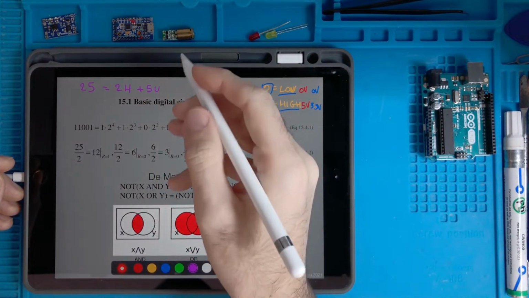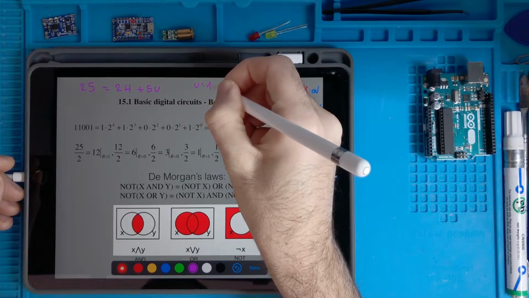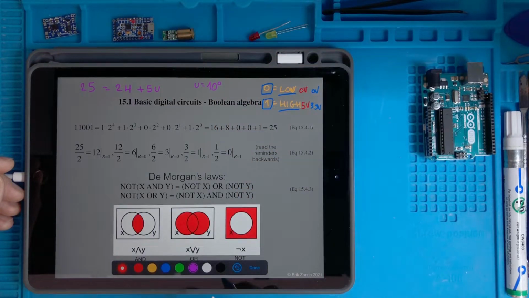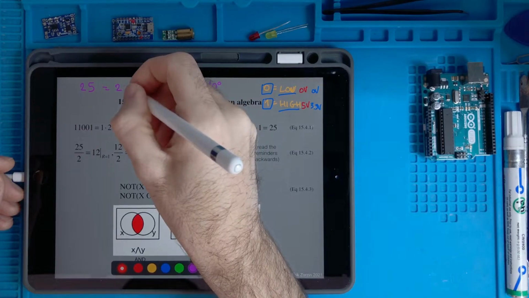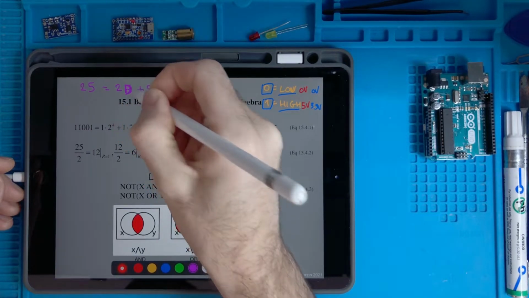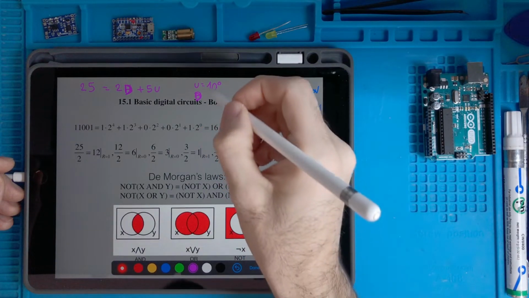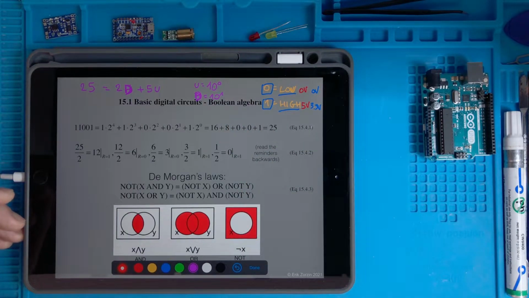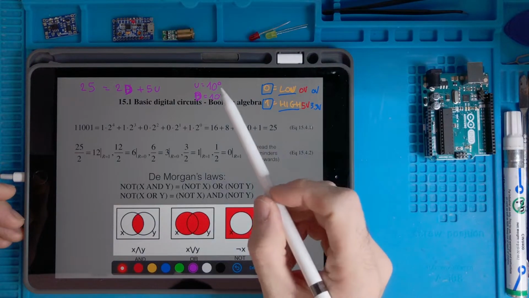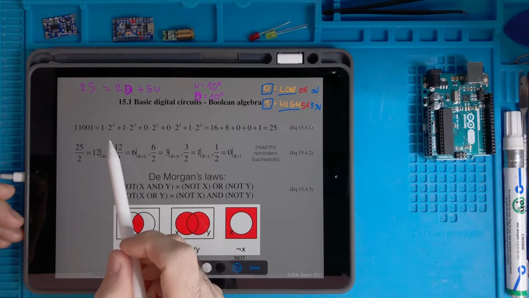So in decimal, the unit is the number 1, which can be represented as 10 to the 0, and the tens is 10, or 10 to the 1. So these numbers are called base 10 numbers, because the base of this exponent is 10. Now we have binary numbers, so we have a base 2 system.